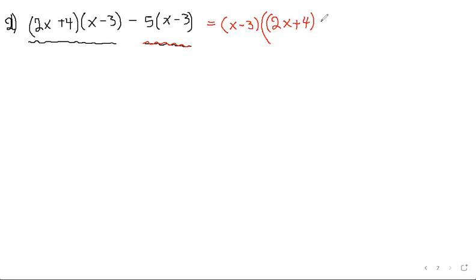What do I get when I simplify? Negative 5, exactly. So I get now x minus 3 times this big parentheses.